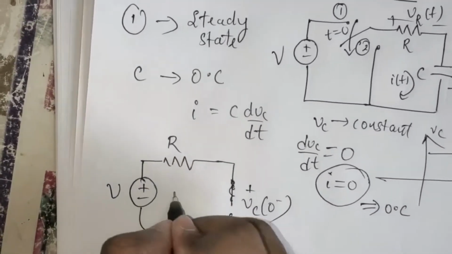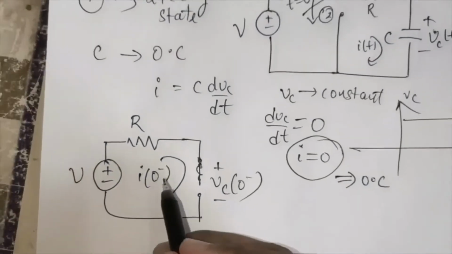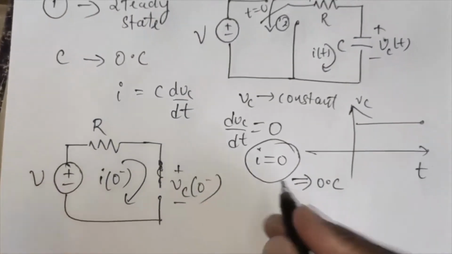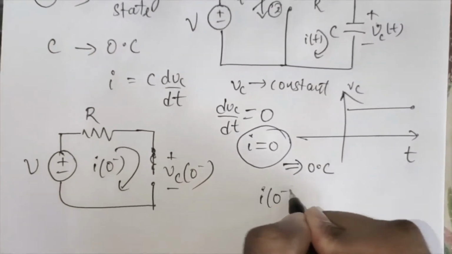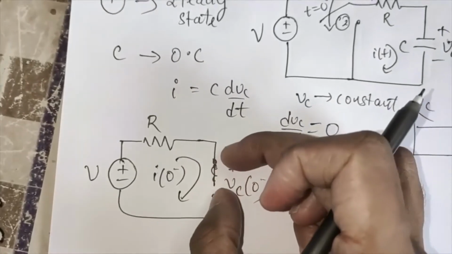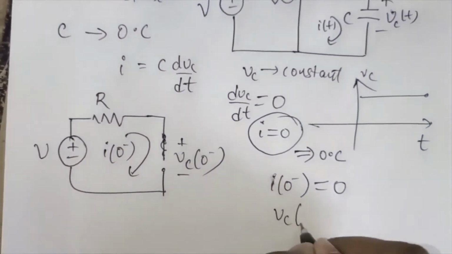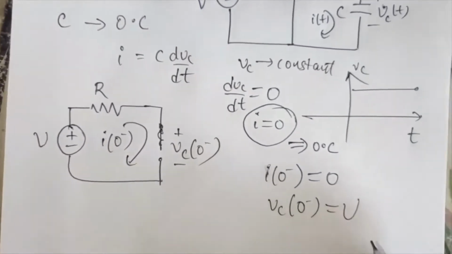So the initial current I of 0 minus is equal to 0, since this is an open circuit. The voltage across the capacitor initially will be equal to the supply voltage V. So Vc of 0 minus is equal to V.